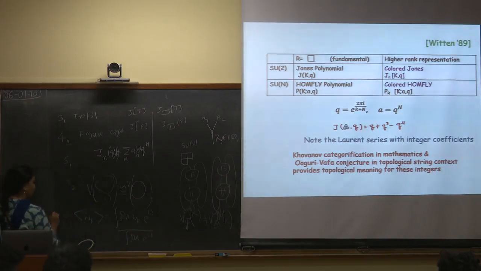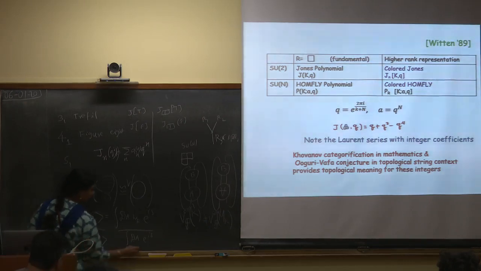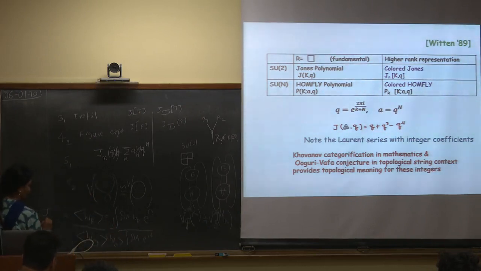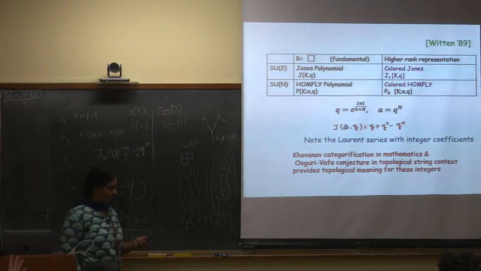And this will turn out to be the Jones polynomial for the knot k, divided by the Wilson loop for the simple unknot, which I have to do as a normalization. And this is the Jones polynomial, just an unknot normalization.